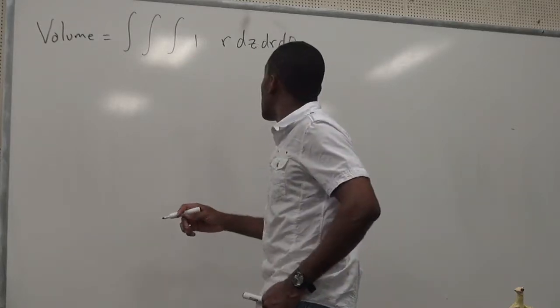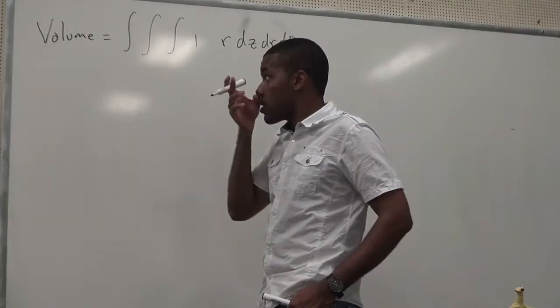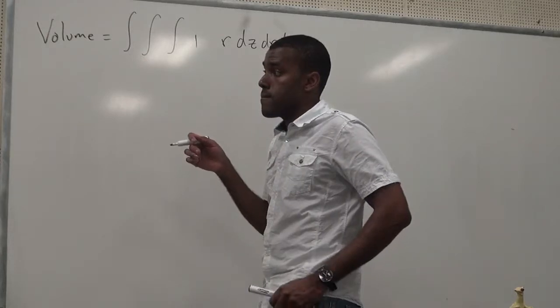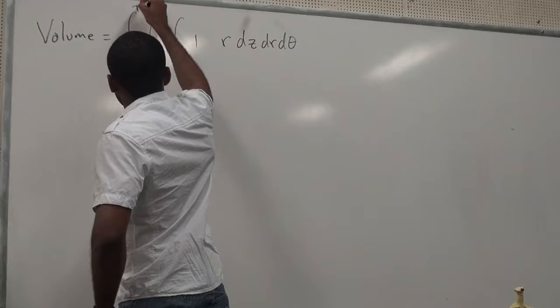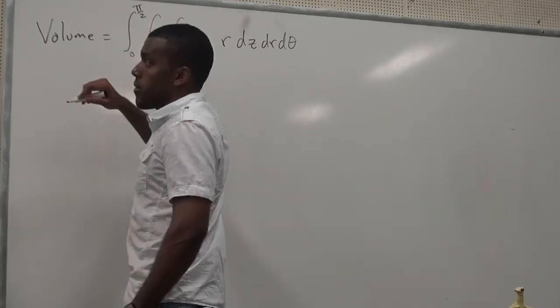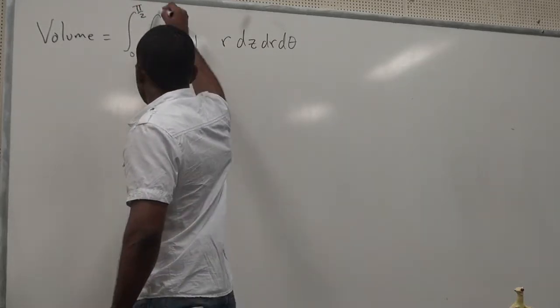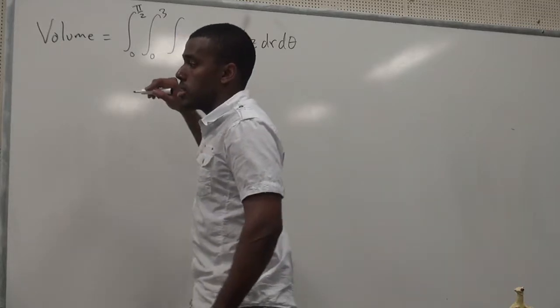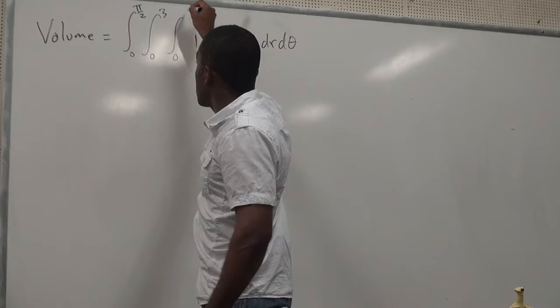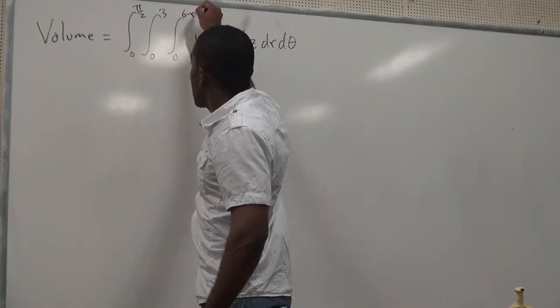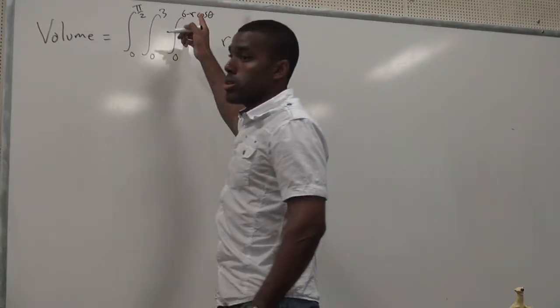If I want to do polar, what would the limits be here? Theta is 0 to pi over 2, and r is 0 to 3. What's z? z is 0 up to 6 minus r cosine theta.